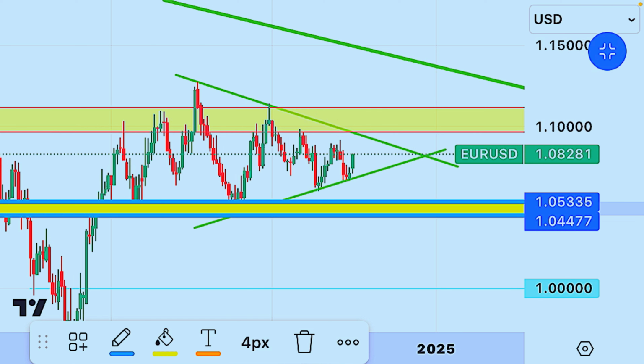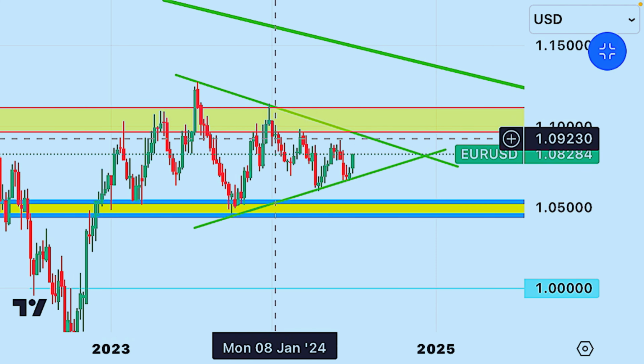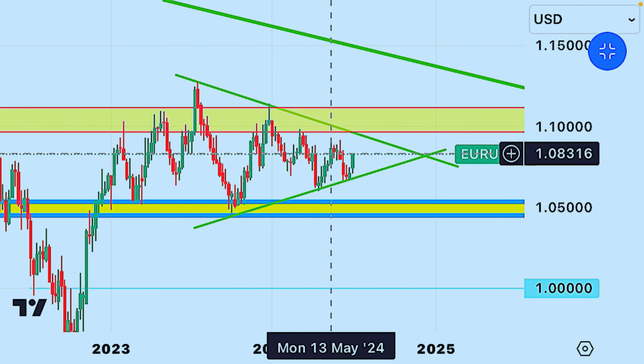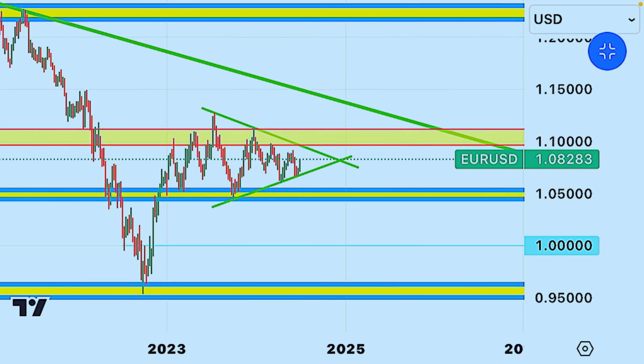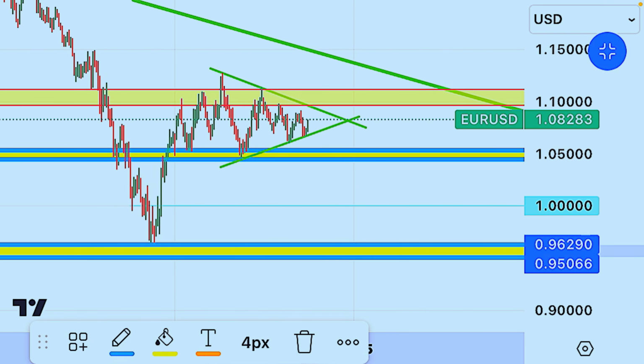So when this support is broken, that happens to be the neckline of this weekly reversal pattern, that means the next area for this trade is this key zone of 0.9. Now you have to know that when these patterns are formed on a higher time frame, they tend to be respected more than the ones formed on a lower time frame.